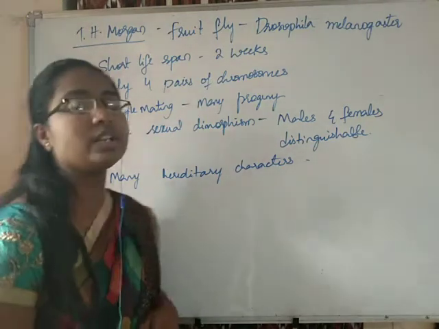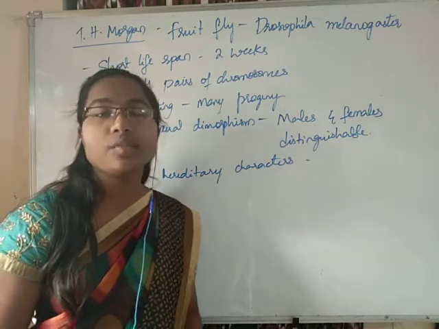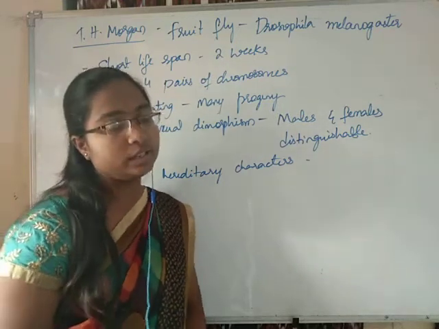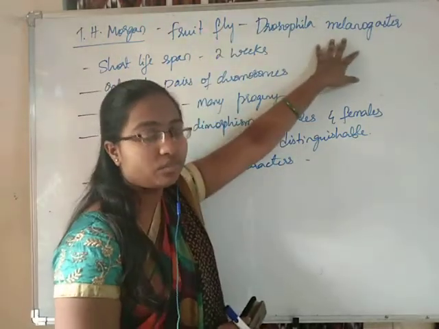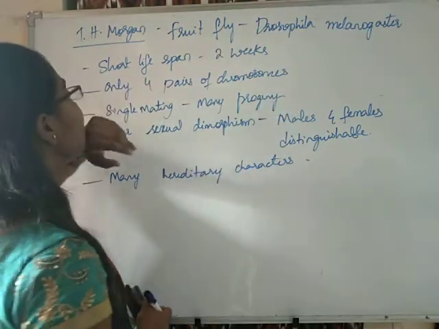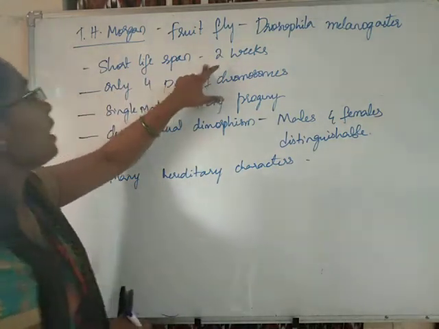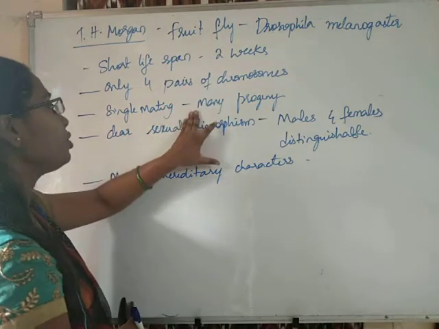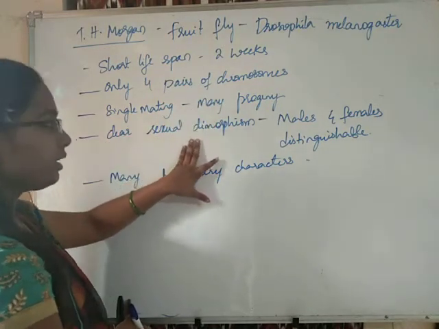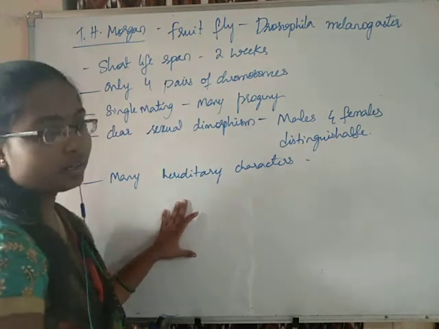T.H. Morgan wanted to prove experimentally the chromosomal theory of inheritance. For this reason, he took the fruit fly Drosophila melanogaster, which has a very short lifespan of only 2 weeks and only 4 pairs of chromosomes. A single mating produces many progeny, it shows clear sexual dimorphism, and many hereditary characters are inherited.